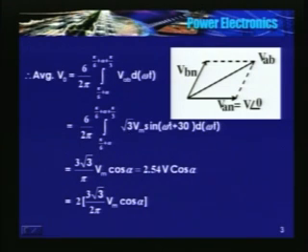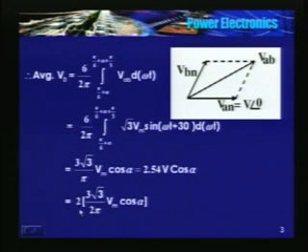We have taken Vin as Vm sin omega t. This is a phasor, so V is the RMS value. If I substitute for Vm, you will get 2.34 into V into cos alpha, where V is the RMS value and alpha is the trigger angle.